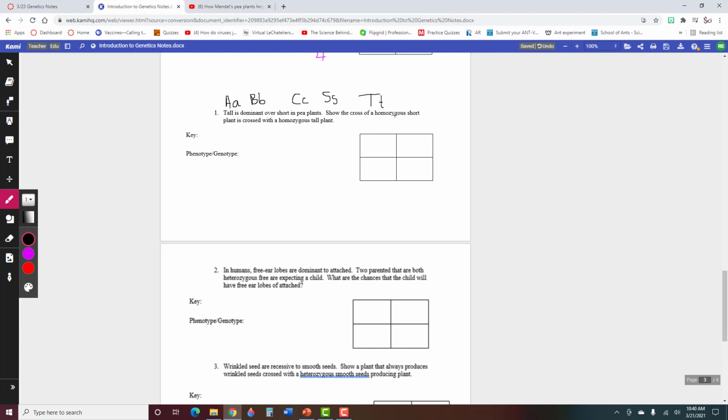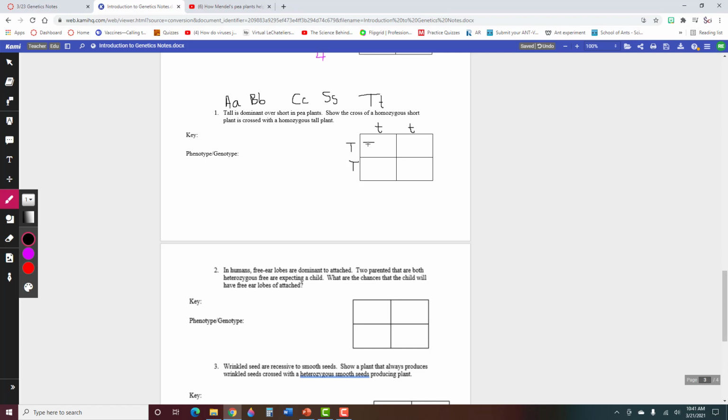It says a homozygous short plant. This would be homozygous short. Short is the recessive trait. That's how I know these are lowercase t's. It is crossed with a homozygous tall. Homozygous tall, they have to be the same, and it has to be tall. Tall is the dominant trait. So one is totally short, only short genes. One is totally tall, only tall genes.